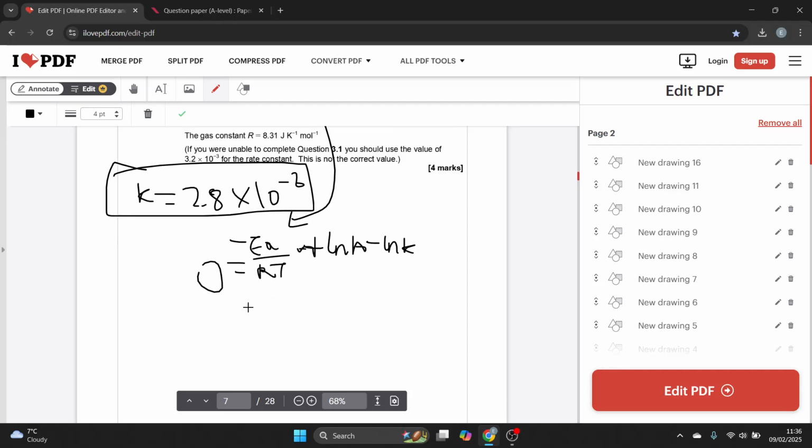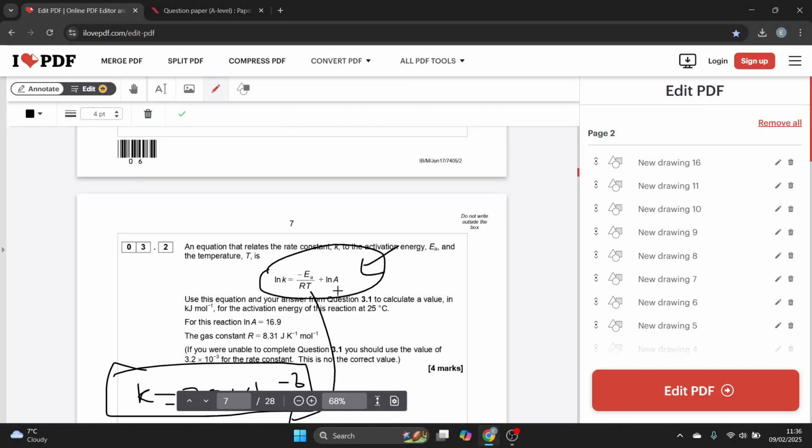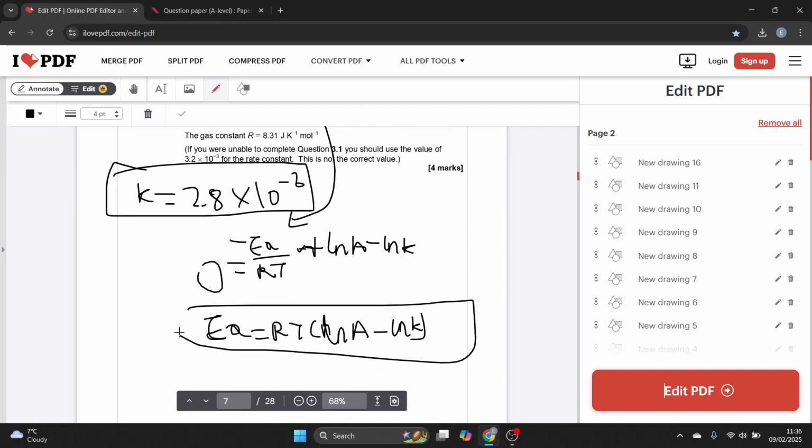Times by RT, add EA, I get EA equals RT ln A minus ln K. In my opinion, the rearranging of the equation is the hardest part. So I probably would have memorized it beforehand.